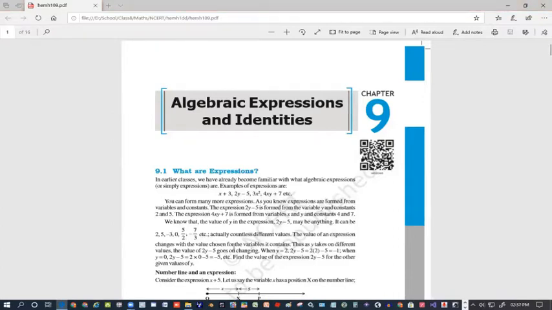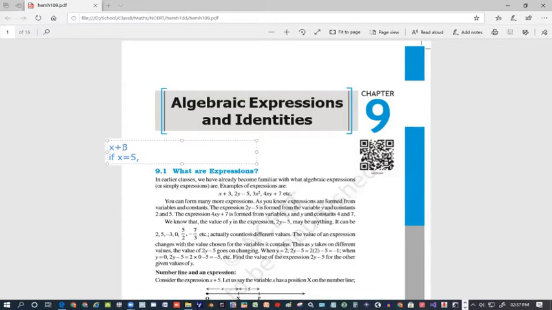The value of an expression changes with the value chosen for the variable it contains. So when the value of the variable is changed, let's say an easy example, x plus 3. If x is 5, what is the value of this expression?